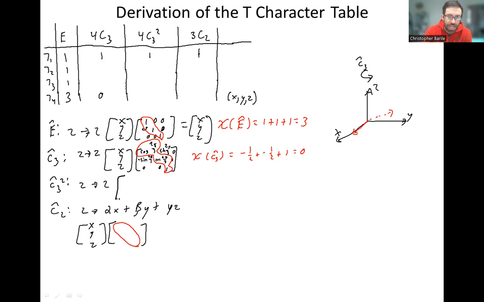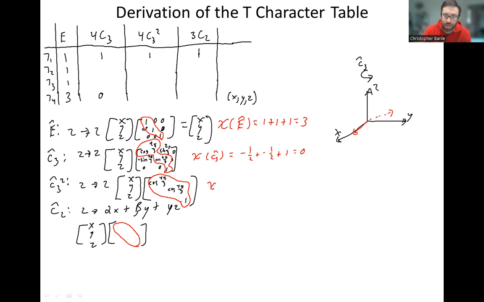And then we do the exact analogous thing for C3 twice, except now we're rotating by twice as much, right? So this matrix becomes cosine 4 pi over 3 and cosine 4 pi over 3, and the sine values become sine 4 pi over 3. This stays 1. I don't really care about the sine values because the character table just takes the trace over the main diagonal.